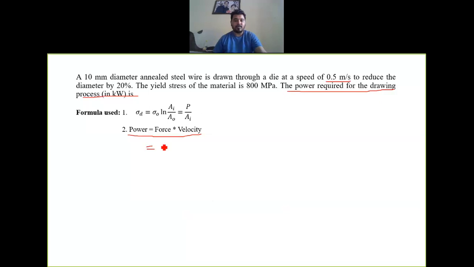The force is 17946.269 into velocity given, 0.5. So the power will be 8.97 kilowatt.